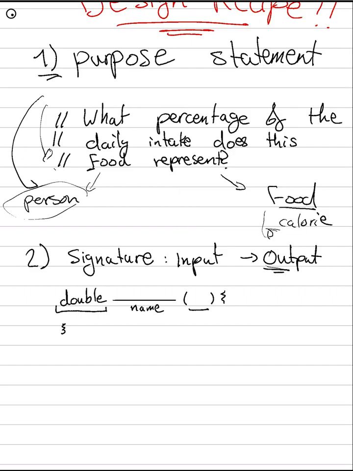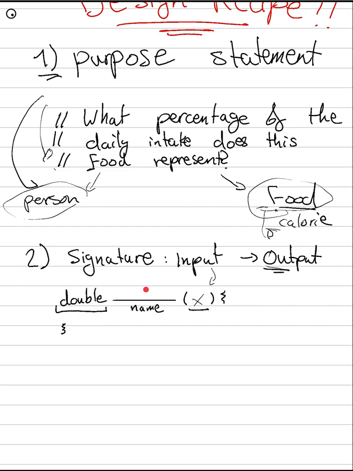The input is what we need to pass into the method. Since everything can just use this food's information, we can actually leave this blank. There is nothing else that we need to put in as an input. It's just about the food, and the food information already exists in the fields, so we don't need to pass it in.